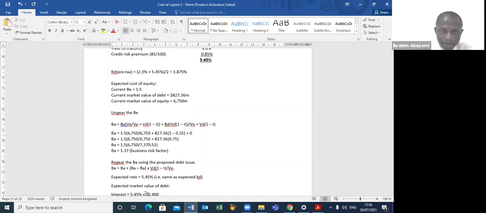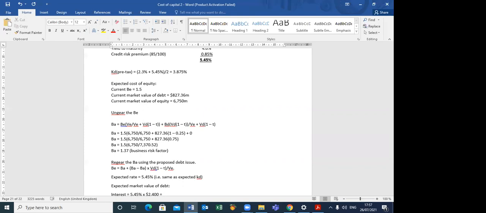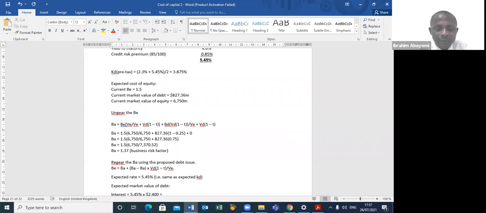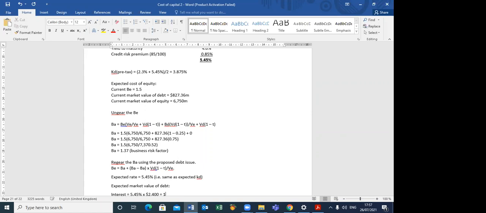So let's compute it. 0.0545 times 2,400 should give me 130.8.